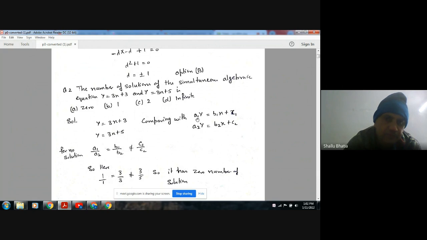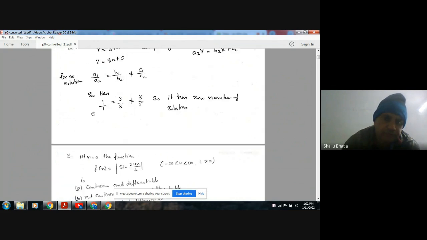Comparing with a1y equals b1x plus c1 and a2y equals b2x plus c2, for no solution a1 by a2 should be equal to b1 by b2 and should not be equal to c1 by c2. Here this condition is satisfied, so there is no solution. The number of solutions is zero.